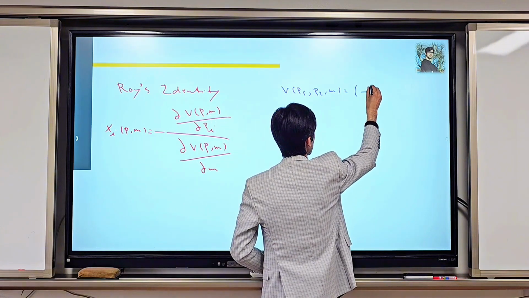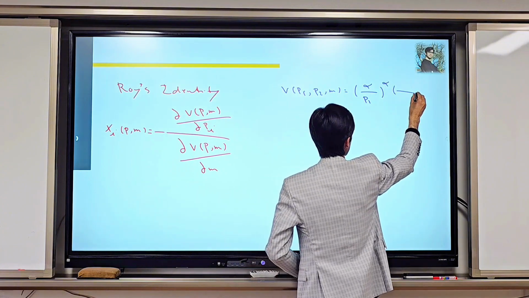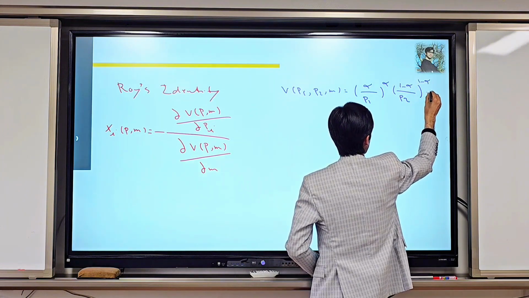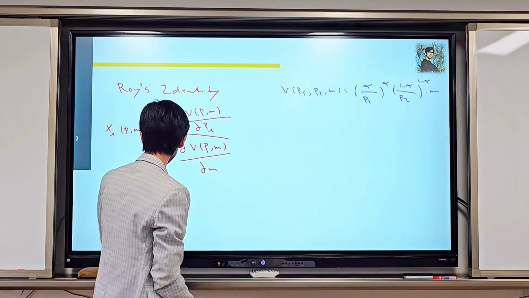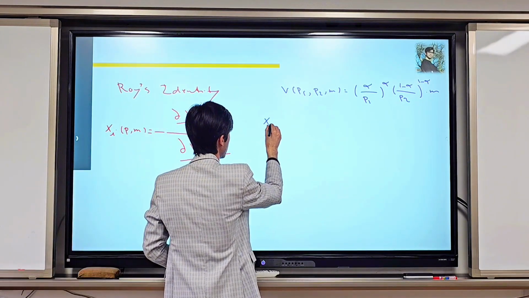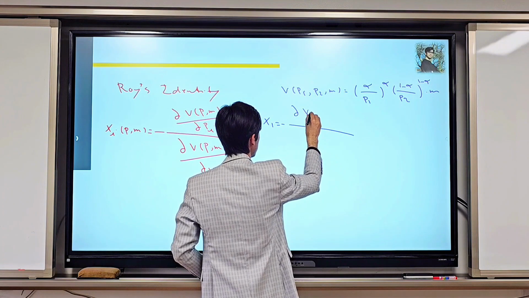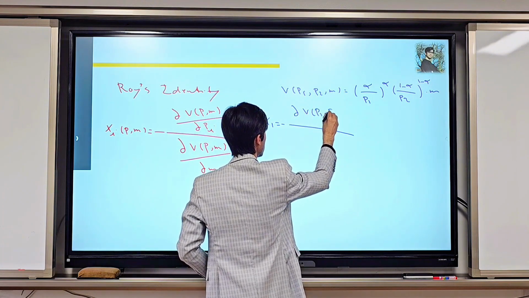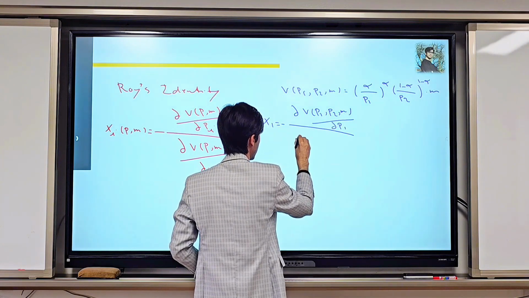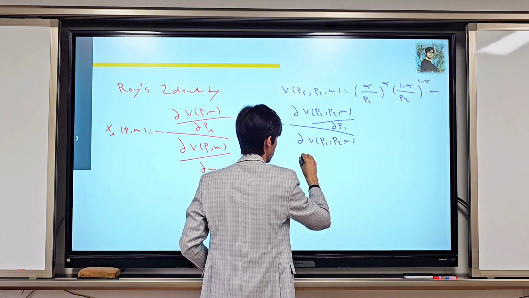Which is equal to alpha over P1 to the power of alpha, then 1 minus alpha over P2 to the power of 1 minus alpha, M. So now, if we find x1, then x1 is equal to minus the partial derivative of V(P1, P2, M) with respect to P1, over the partial derivative of V(P1, P2, M) with respect to M.